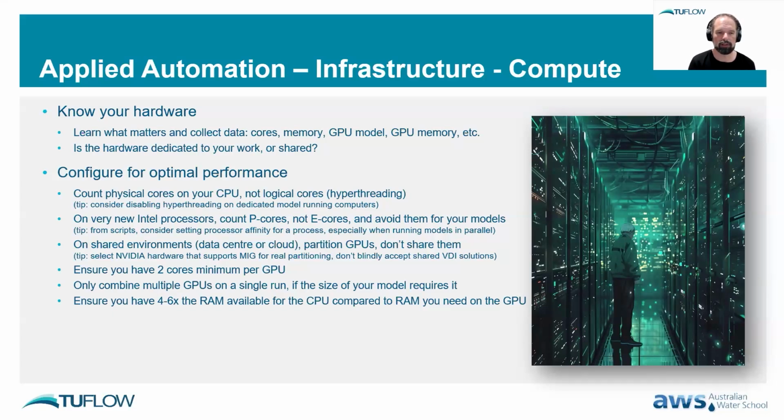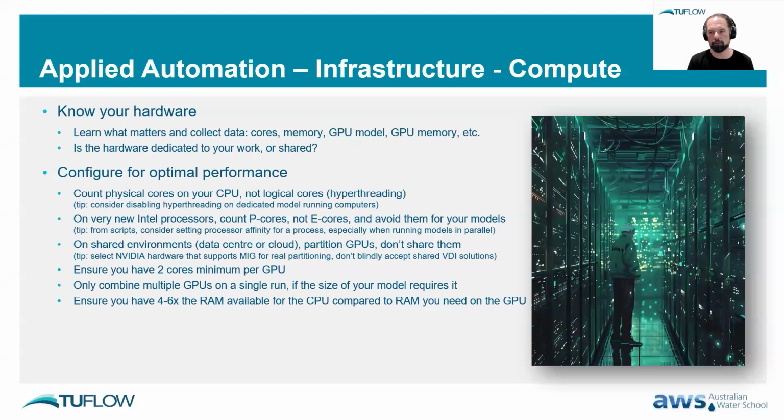On very new Intel processors, there are P cores and E cores. Count the P cores. Those are the ones you want to be running your models on. The E cores are nice for running all the other applications in the background. Maybe some file copy tasks. And on shared environments, if you do have large GPUs, or maybe you've bought large GPUs for your servers, partition those, don't share them.